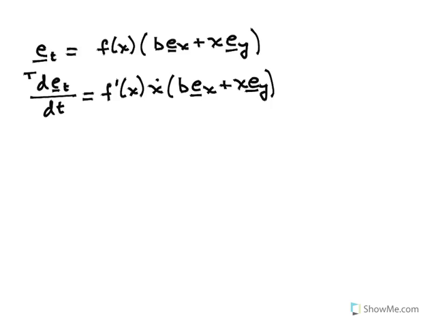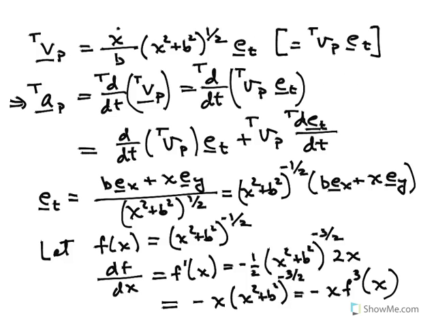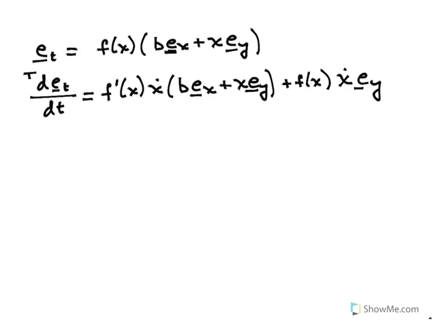And then the second term is plus f of x times the rate of change of what's in the parentheses. Well, the rate of change of what's in the parentheses is x dot e_y. But we already know that f prime of x, the way I defined it, is minus x times f cubed of x.